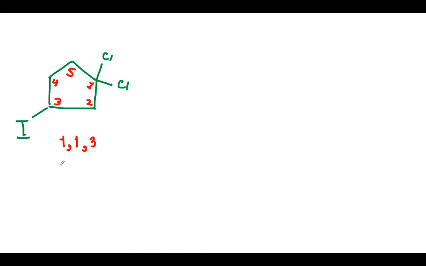If I go the other way, it would be 1, 1, 4, and that's not good. I like the 1, 1, 3, so I'm going to keep that. So my parent name is cyclopentane. So it's still a cycle. I don't see any double bonds or triple bonds, so I can just name it as an alkane. So cyclopentane it is.